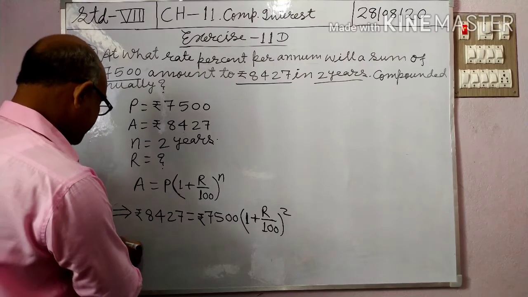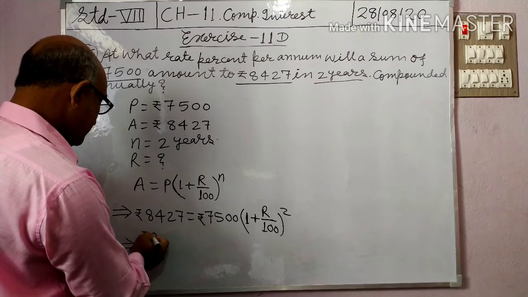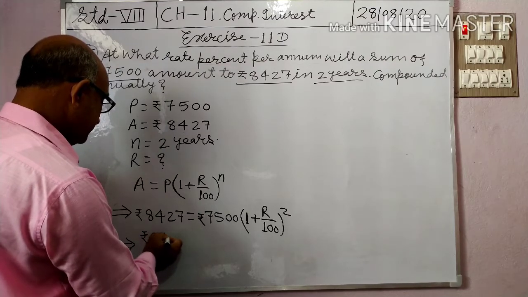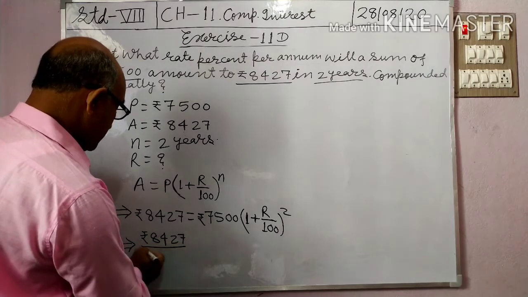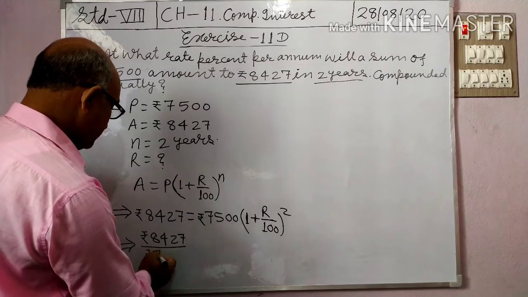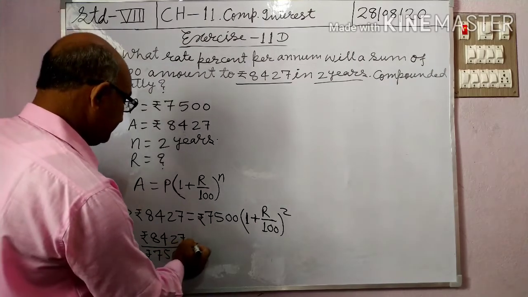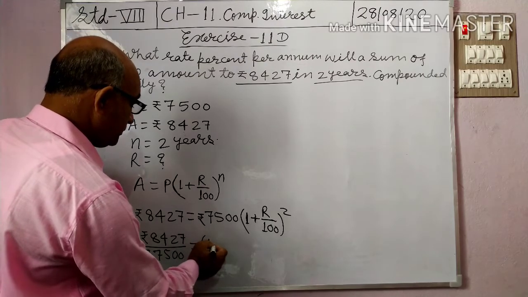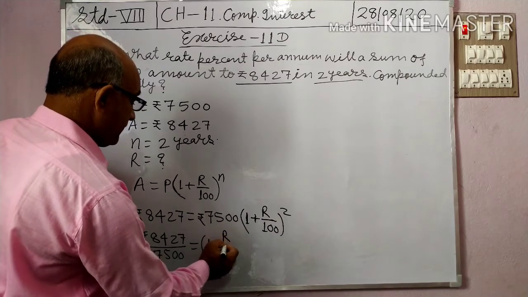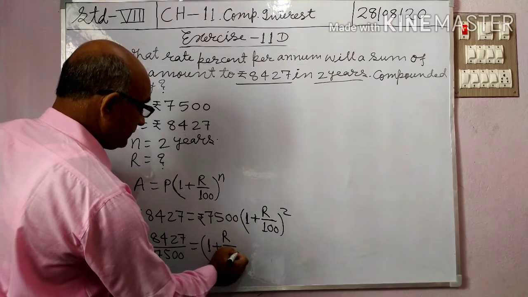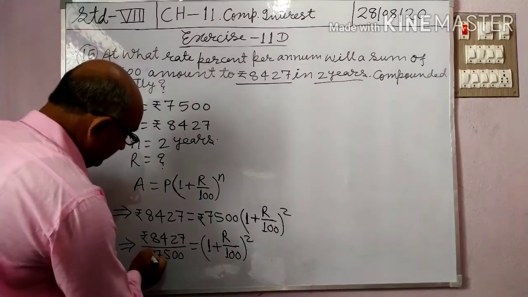Now, next step is rupees 8,427 by rupees 7,500 equal to (1 plus R by 100) to the power 2. Here divide by 3.